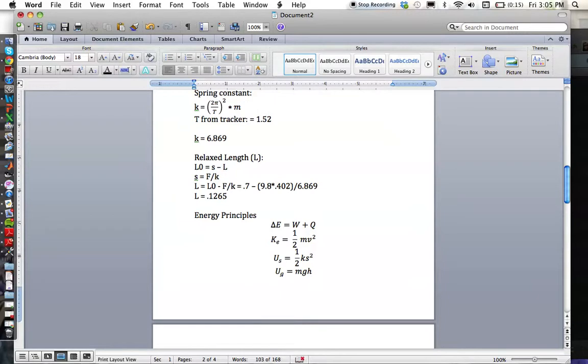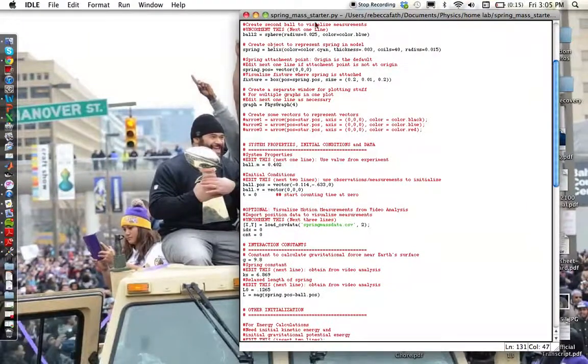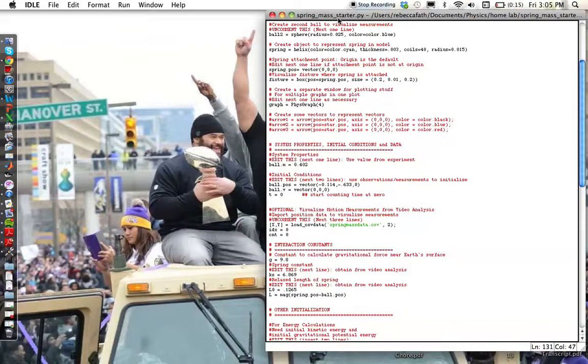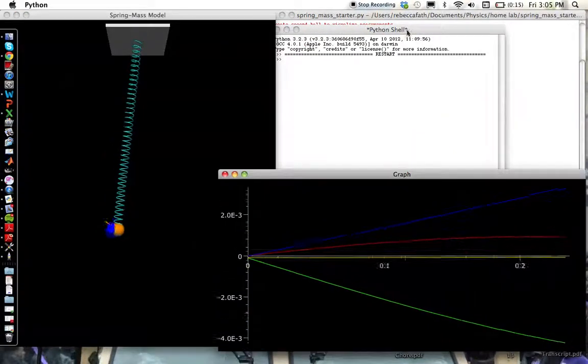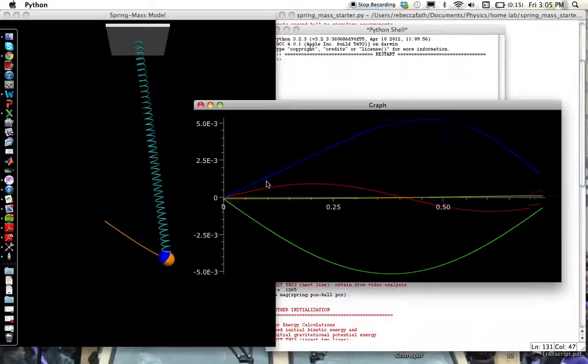And so we use the change in these energies to get our total change in energy. This is something different we've not used before, and it's very interesting to see how they have an impact on our code. After I run it, you'll see the graph and you'll be able to see the different energies.